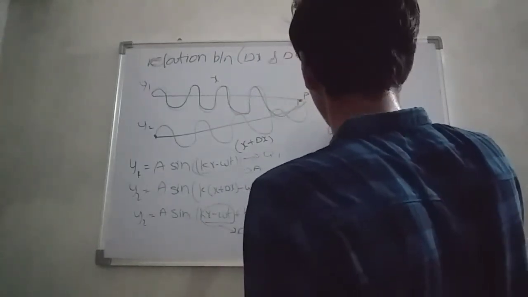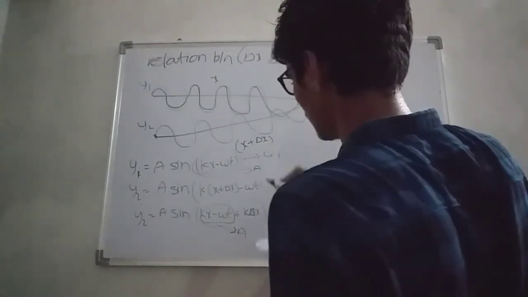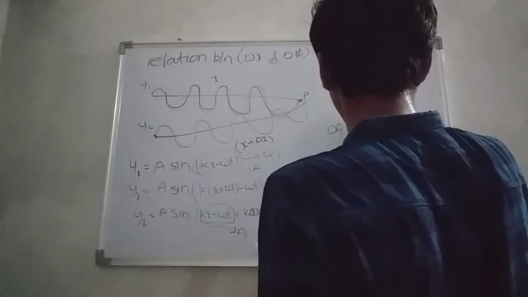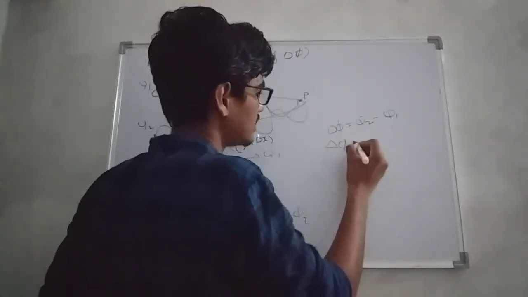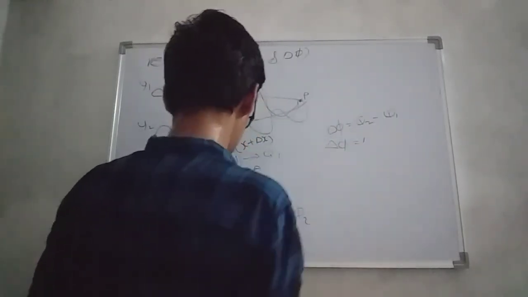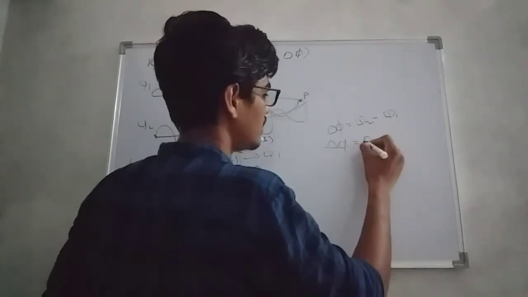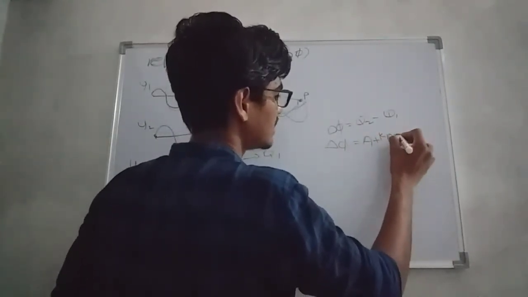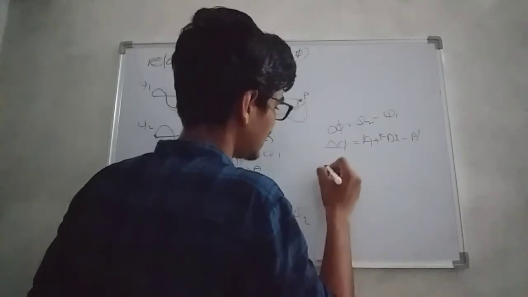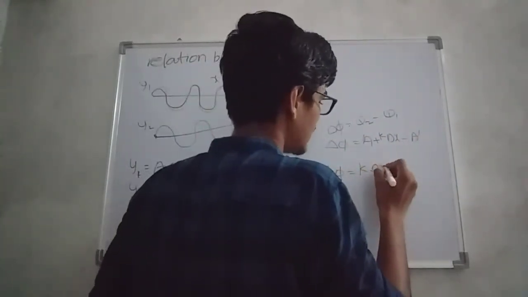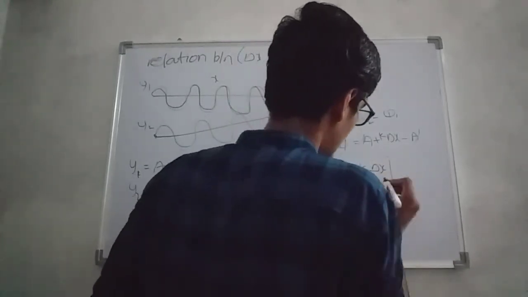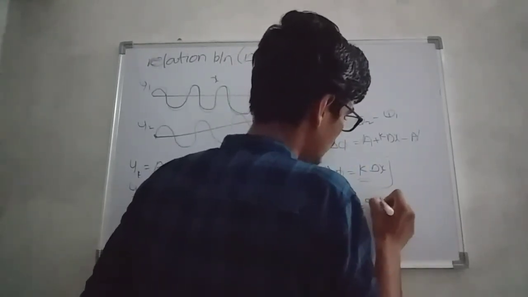Then the phase difference between these two waves is delta phi equal to phi 2 minus phi 1, and phase difference is equal to, as I said, consider this as a plus k delta x minus a. So we get phase difference is equal to k into delta x, where k is equal to 2 pi by lambda.